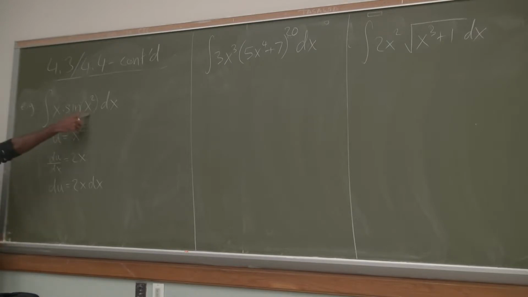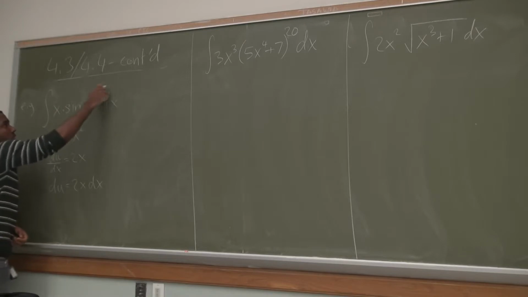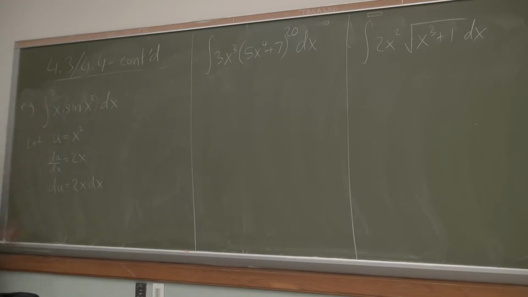So we already know we can replace the x squared with u, but then there's this x dx here. Now I know how to transform 2x dx. How do I figure out how to transform x dx? Solve for x dx. So this means that 1/2 du would equal x dx.